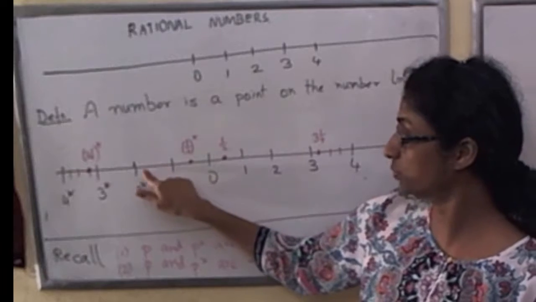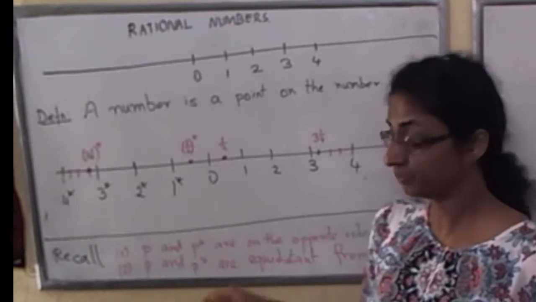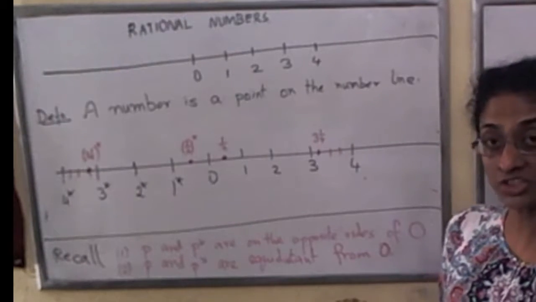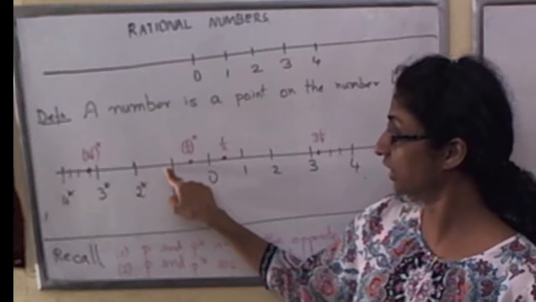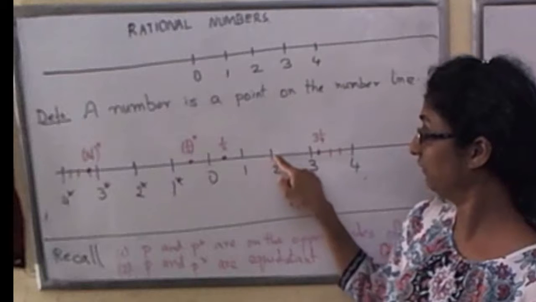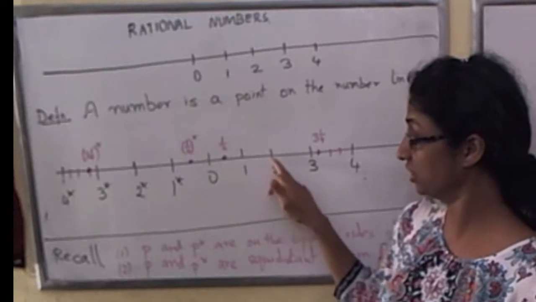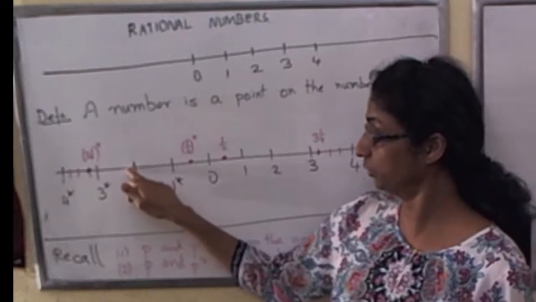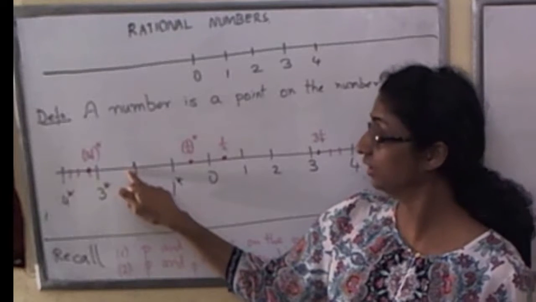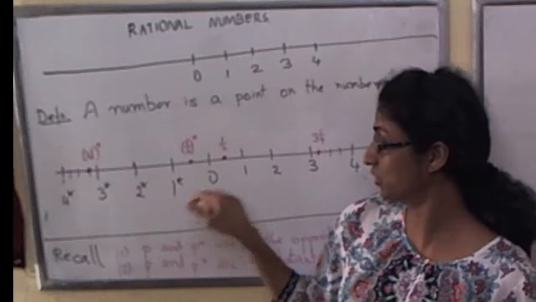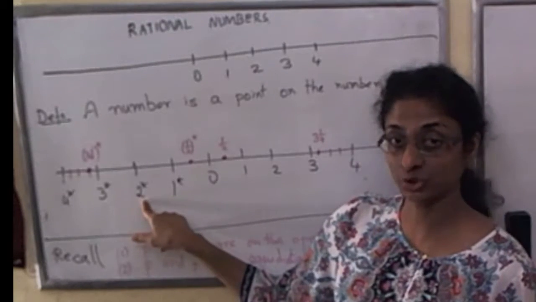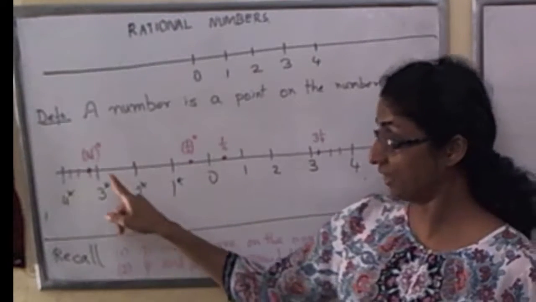I marked off those points already here for you, and by our notation of these stars, if this point's name is 1, then its mirror reflection's name is 1 star. If this point's name is 2, the mirror reflection of 2, you would find it on the opposite side, same distance from 0, 2 units distance from 0, and we would label that as 2 star. So that's what I have done out here.